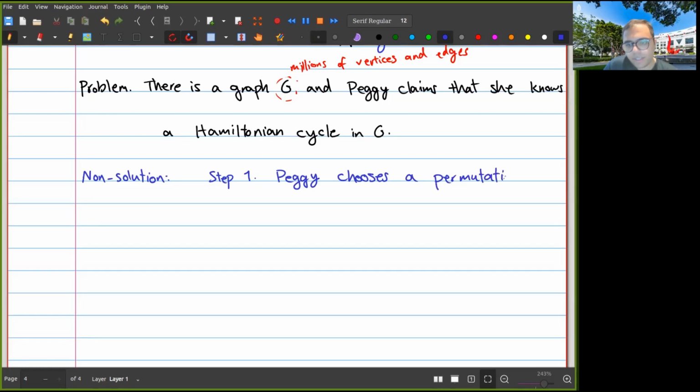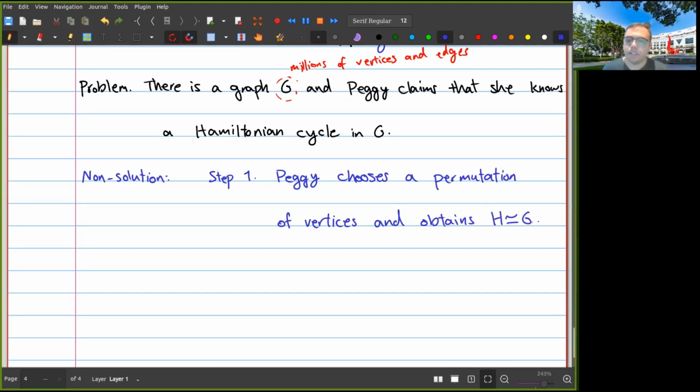Okay, so let's say my vertices were numbered from 1 to n. I'm just randomly changing the order of the vertices. Okay, chooses a permutation of vertices. And this gives her another graph. This is the graph H, which is going to be isomorphic to G.